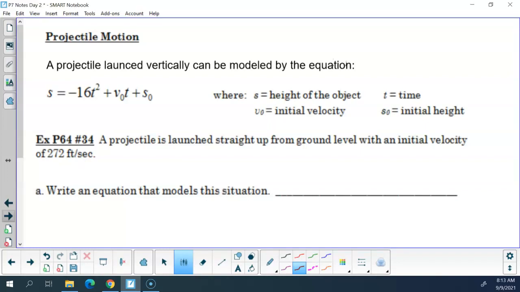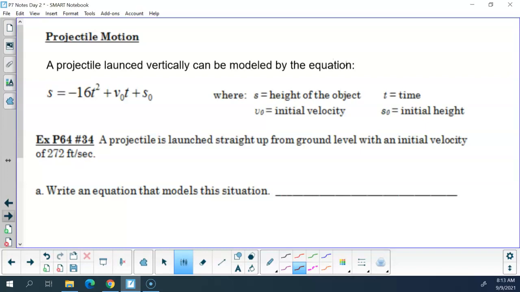So a projectile is launched straight up, because this is the straight up part. When we launch things at an angle, that will be different. We're going to launch things at an angle. That's the fun part of the trick.